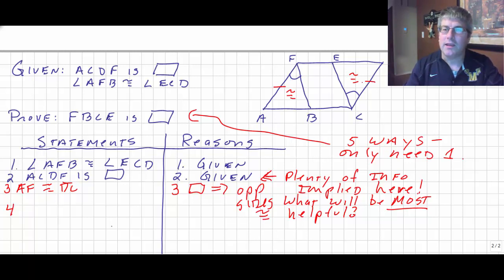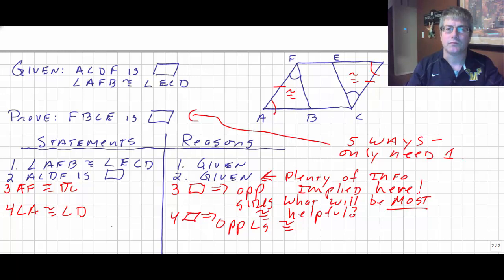And it looks like I can probably get these triangles congruent by angle, side, angle, because I know that in my big parallelogram the opposite angles are congruent. I know that angle A is congruent to angle D because a parallelogram implies that the opposite angles are congruent.